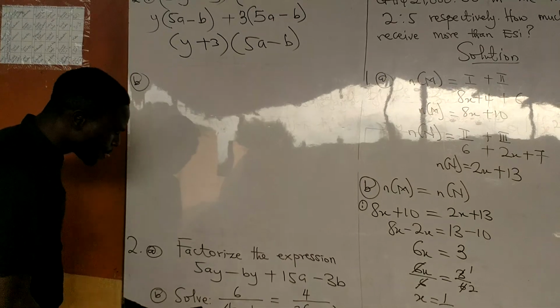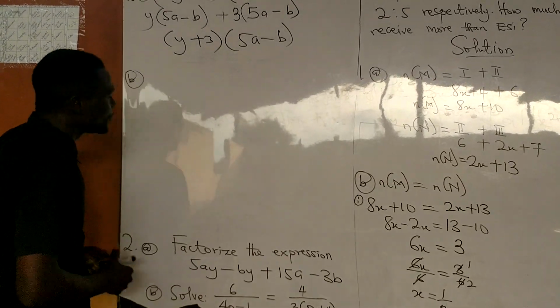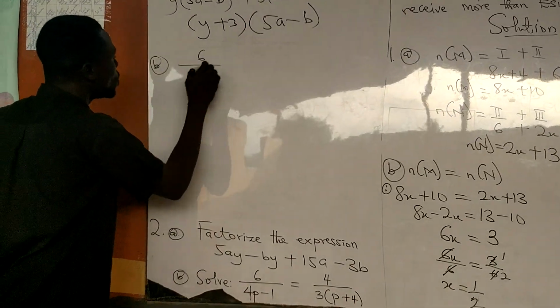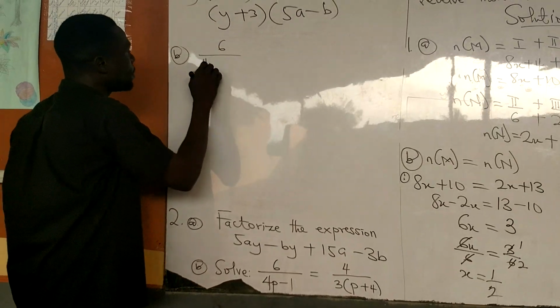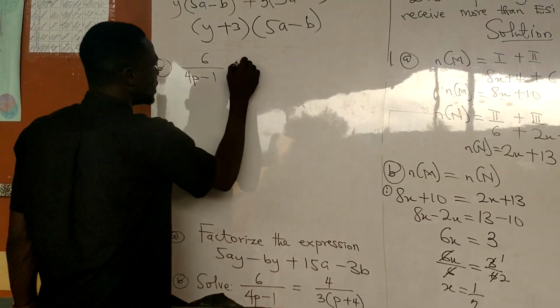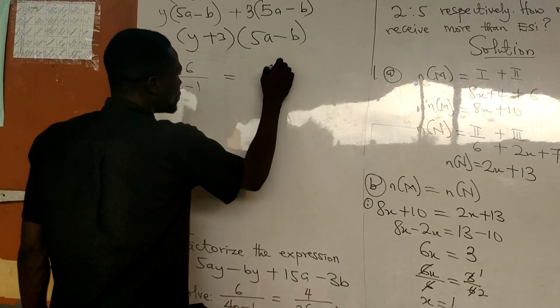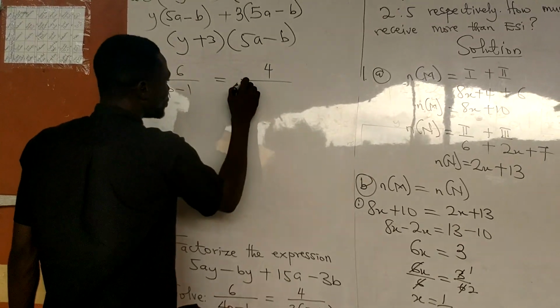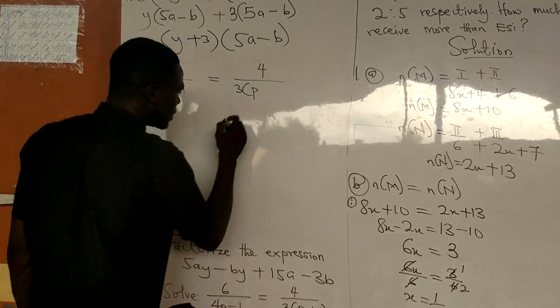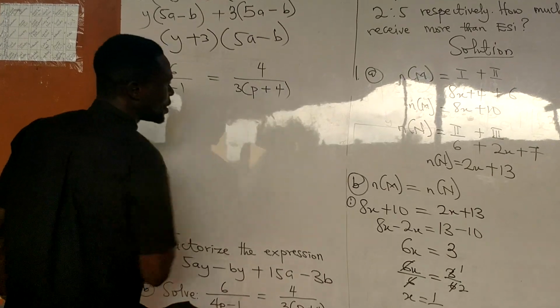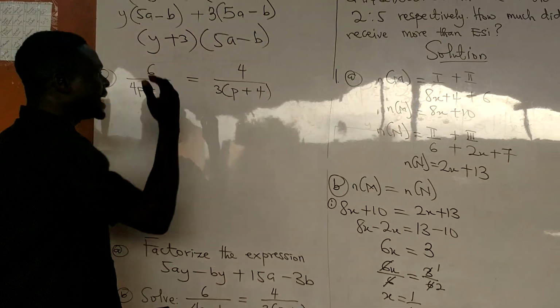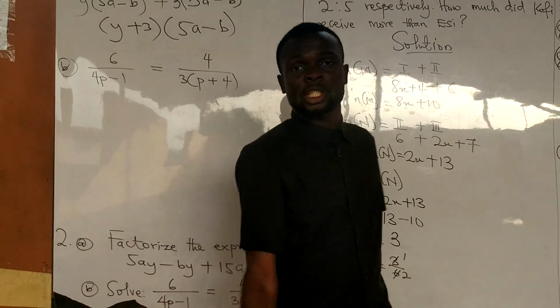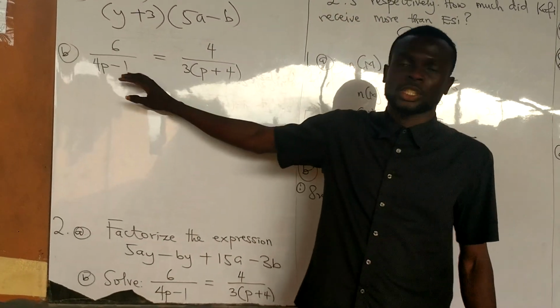B says, solve 6 over 4p minus 1 equal to 4 over 3 bracket of p plus 4 bracket close. Now this is an algebraic expression but a fraction.